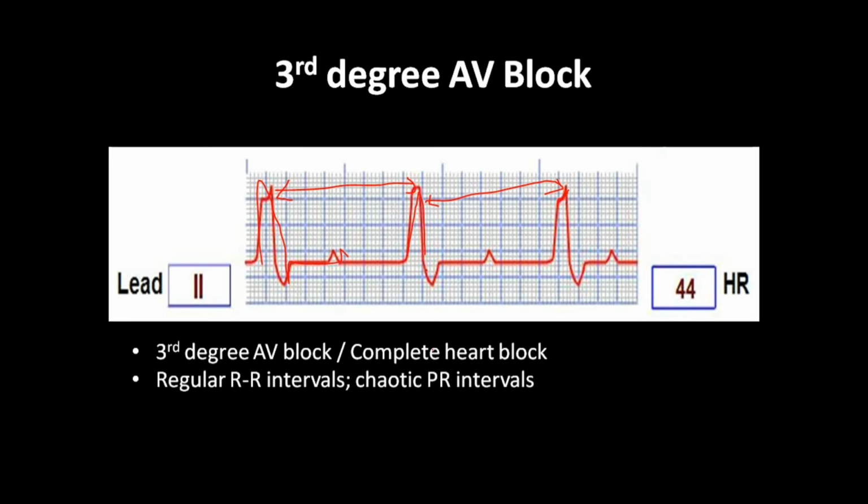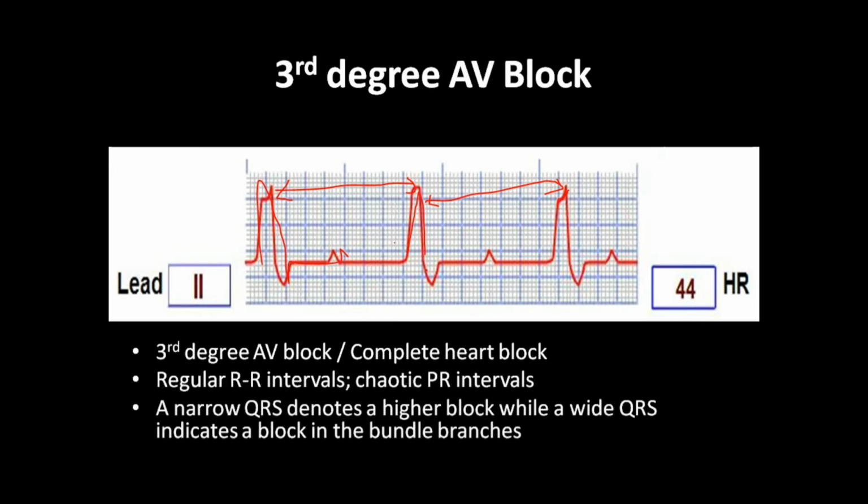So the PR interval cannot be calculated properly, okay. A narrow QRS denotes a higher block, while a wider QRS denotes a block in the bundle branches. The wide QRS indicates block in the bundle branches, whereas a narrow QRS indicates block in the sinoatrial node or AV node itself.